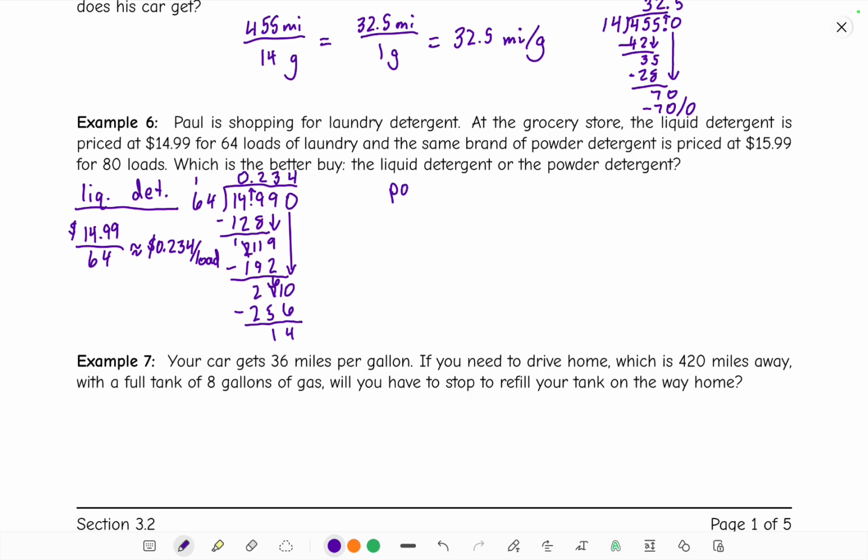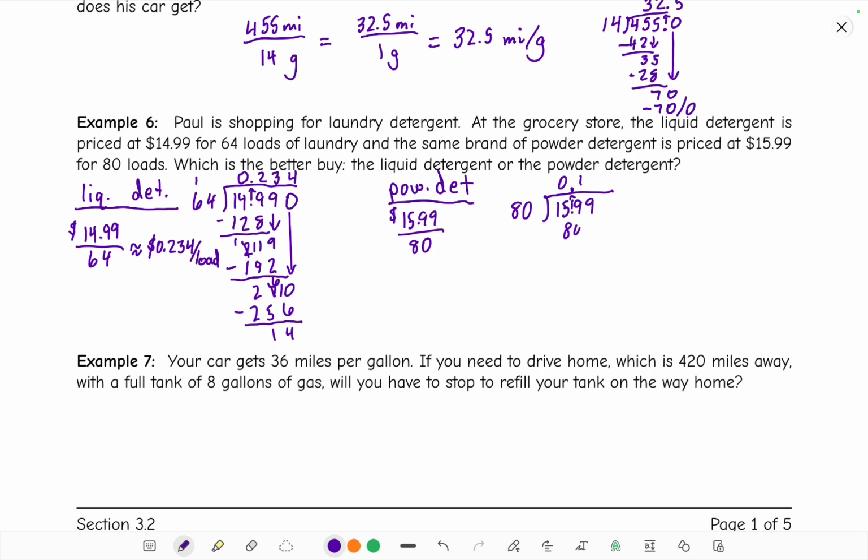Now for the powder detergent, we have $15.99 per 80 loads. Let's see here. We need to go $15.99 divided by 80. 80 doesn't go into 15. Bring up that decimal. It goes into 159 almost twice, because 2 times 80 is 160, which is over 159.